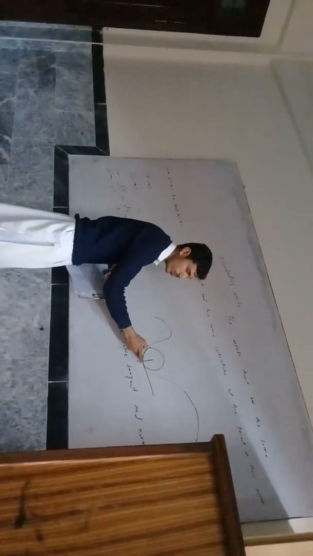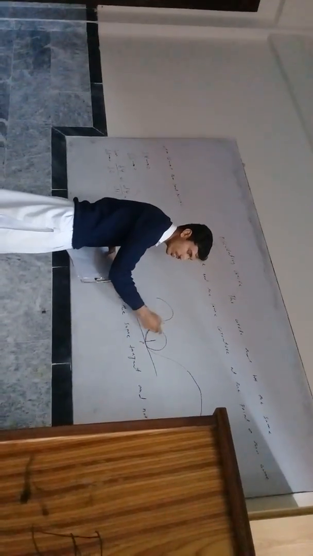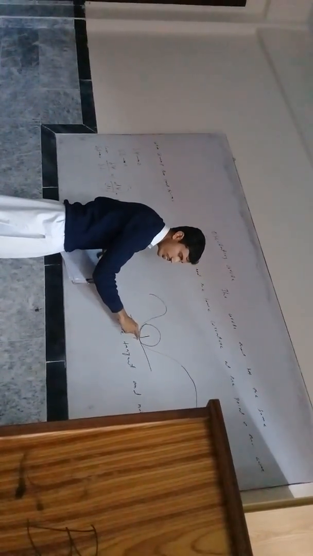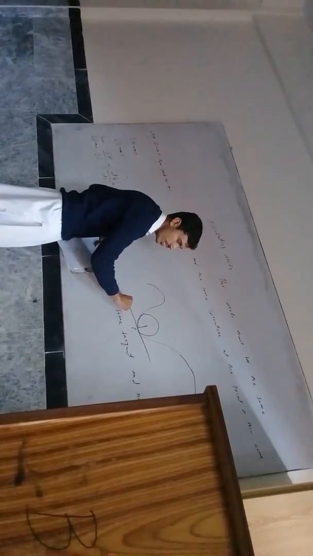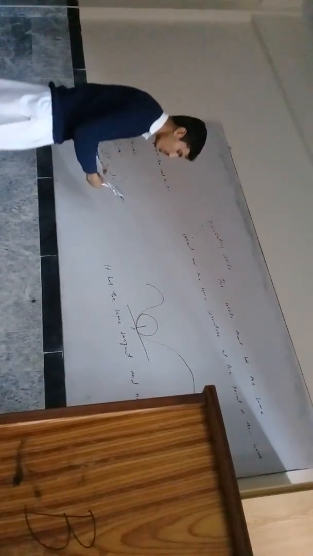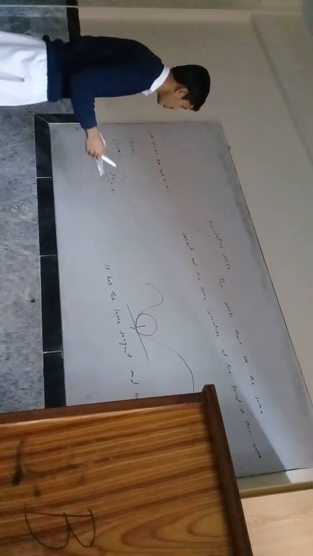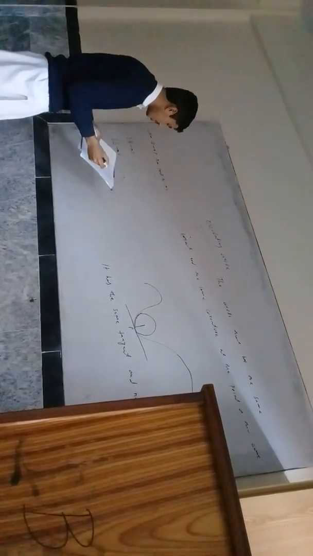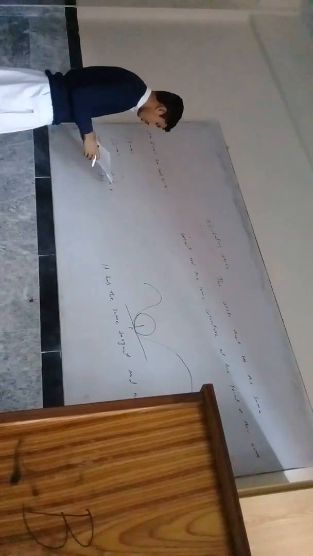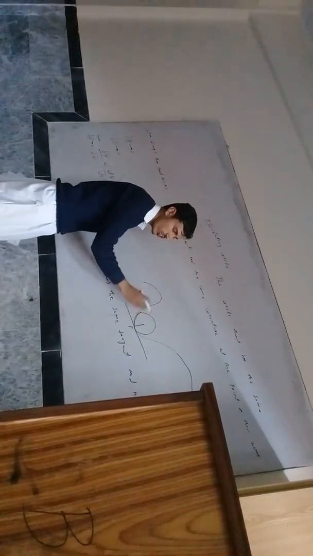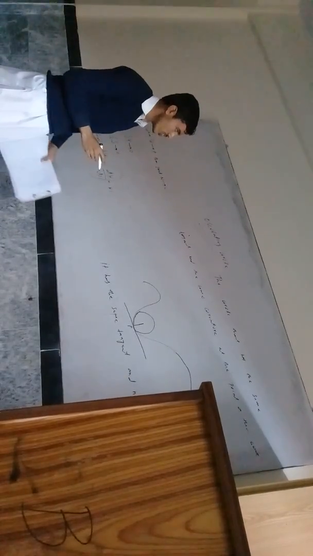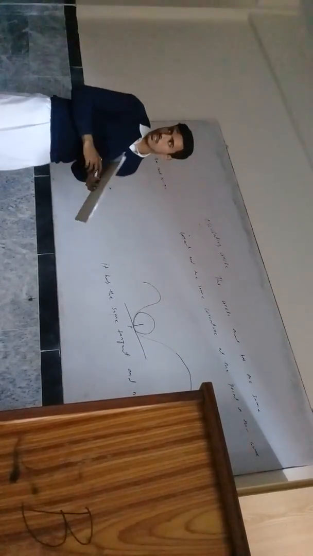You can see that this point P is shared: the tangential point of the curve and the tangential point of the circle is the same. This is one point. The other one, as I have explained, is that the radius of curvature will be reciprocal to the curvature of the curve. So this was just a simple explanation.